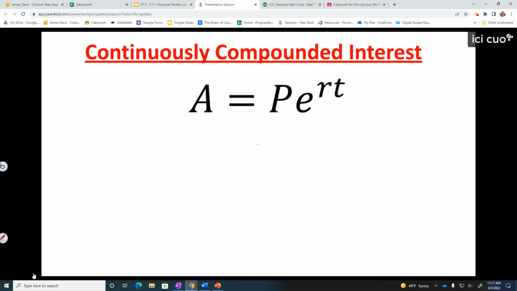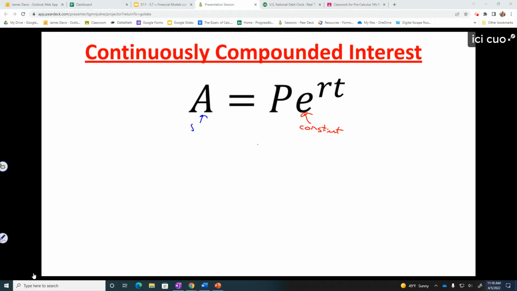The balance is equal to the present value or the principal times E to the RT. And this E, if you just remember, it's just the constant. You're just going to be plugging that in your calculator. Constant. So you're not going to replace E. You're going to replace all these other variables which we had.